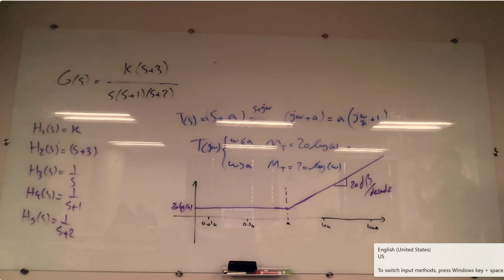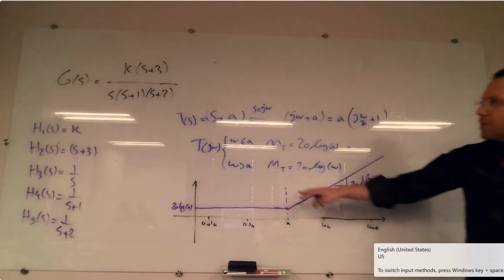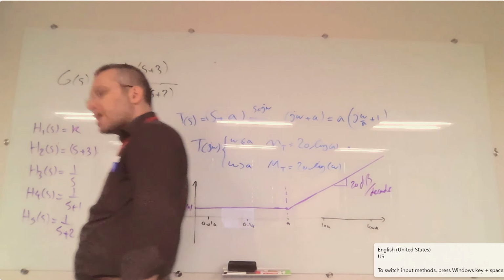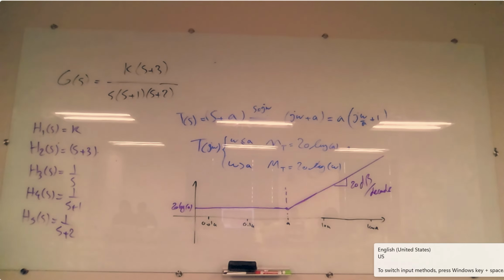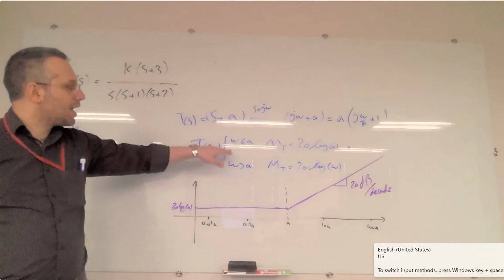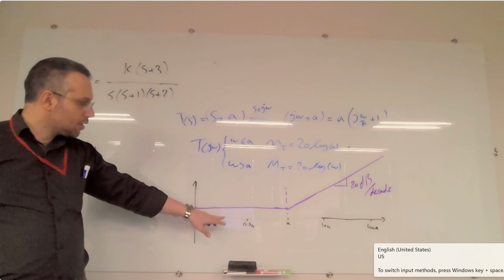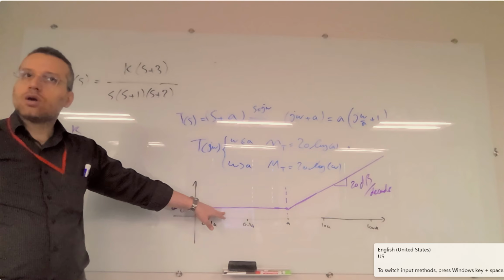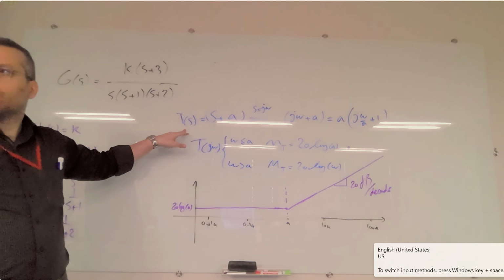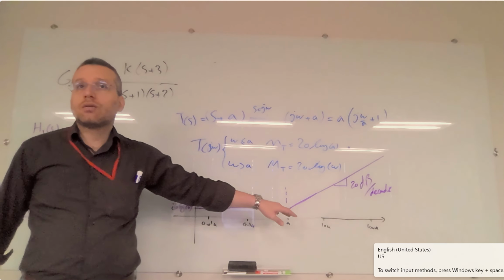Is that clear what happened? So we approximated the behavior of this term s plus a by separating the domain of omega before and after a and finding out what's happening to our magnitude in the phasor domain of our transfer function. Now, as I said, it's an approximation.